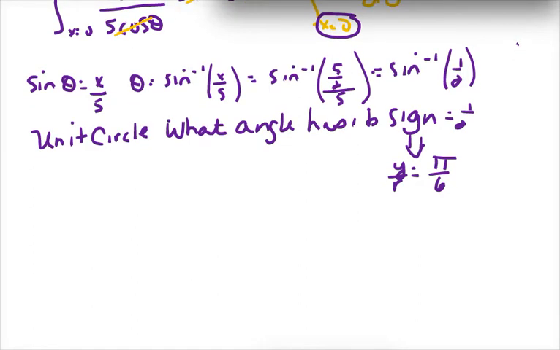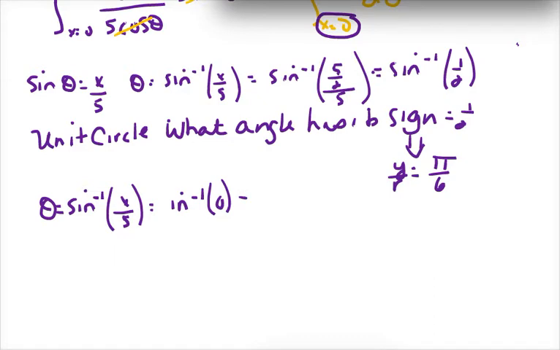For your lower limit, theta is equal to the inverse sine of x over 5, and that's equal to the inverse sine of 0, and that happens at 0. So your new limits of integration in terms of theta are theta equals 0 and theta equals pi over 6.